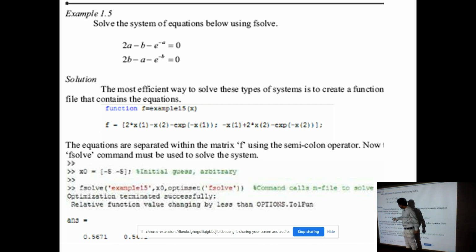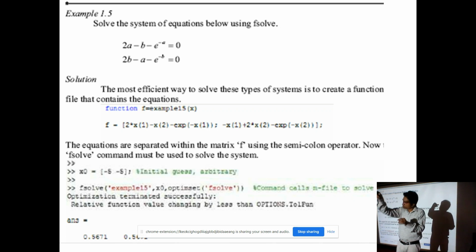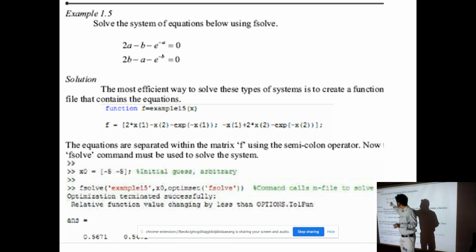I just took a variable called x. I defined x of 1, the first column vector, as a, and x of 2, the second column vector, as b. So I represented these equations in x of 1 and x of 2 only. So that when I press enter, the x value will be shown. The first column of x will be my variable a, and the second column will be the variable b. Just see how I entered.